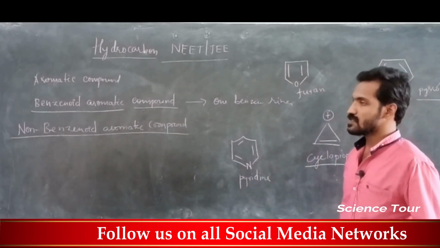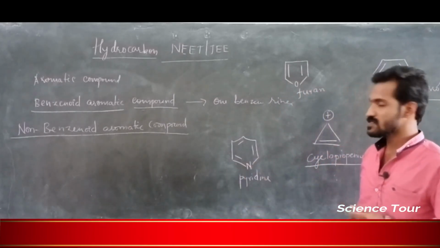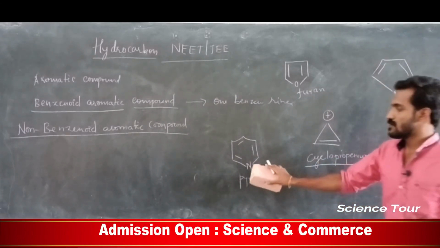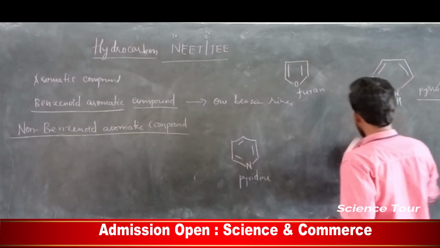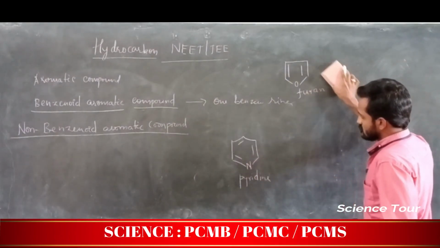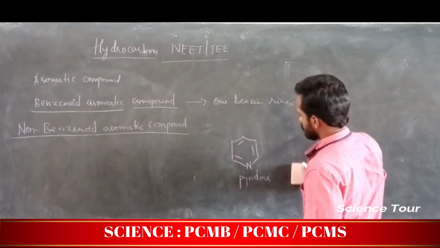This is not a benzene ring. In this one, one carbon is replaced by nitrogen. Okay, don't forget. Understood? If it contains C6H6, then it is benzene. Here C5 is there. Understood?